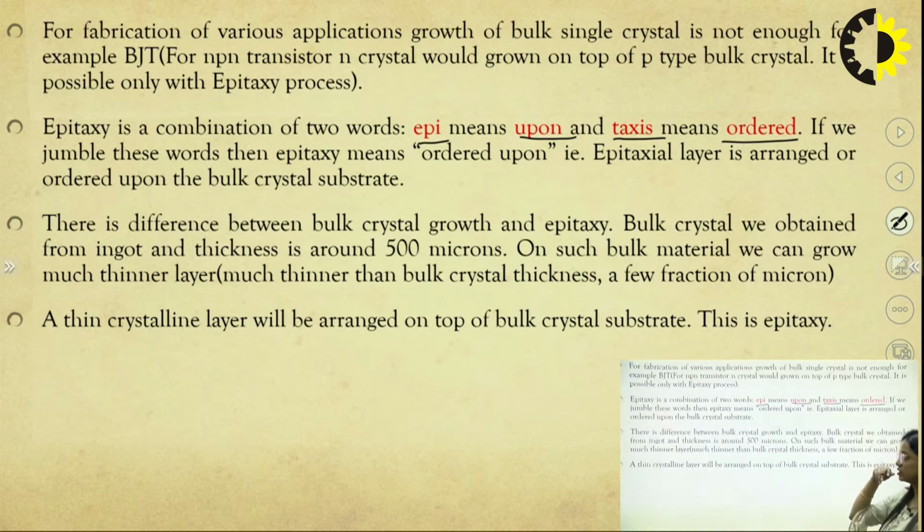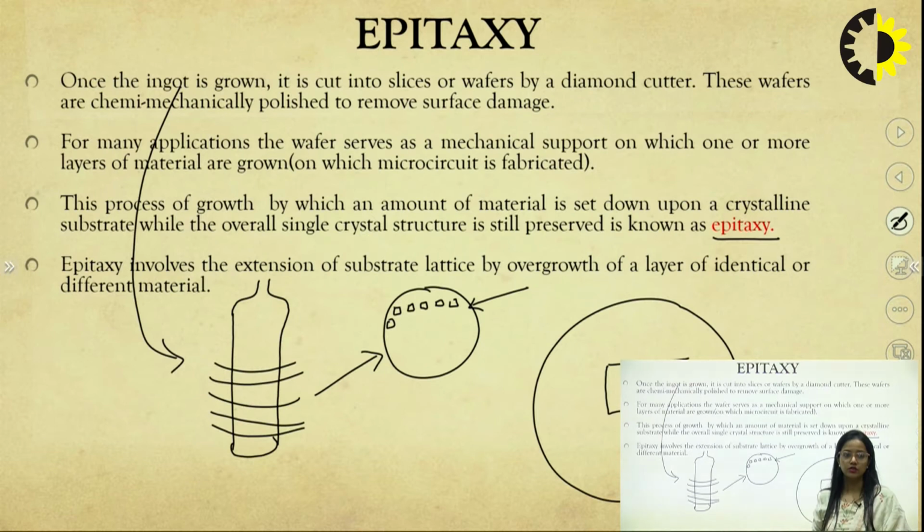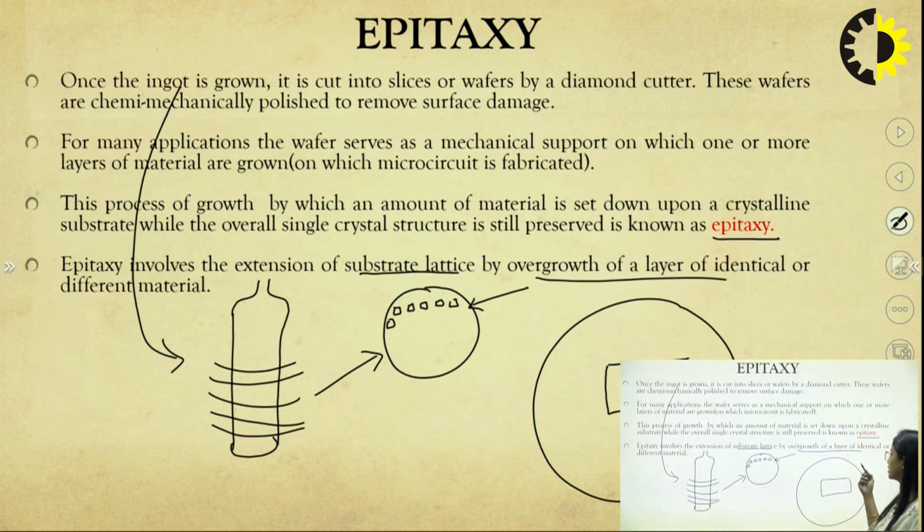So epitaxial layers can be arranged on top of the bulk crystal. Epitaxy involves extension of the substrate lattice by overgrowing a layer of identical or different material. When it is identical, we have homoepitaxy. When the two materials are different, we call it heteroepitaxy.